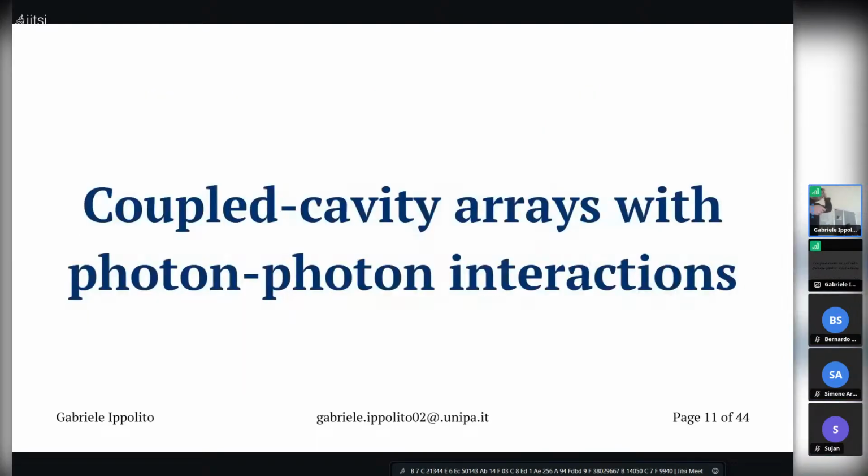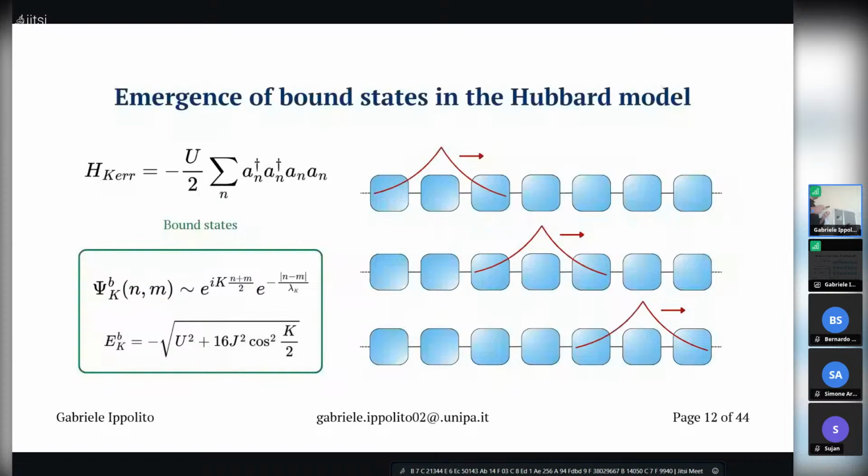Coupled cavity arrays are also important because they allow us to simulate rather complex systems, introducing photon-photon interactions. For example, by introducing Kerr interactions in our Hamiltonian, we can simulate the Hubbard model with coupled cavity arrays.